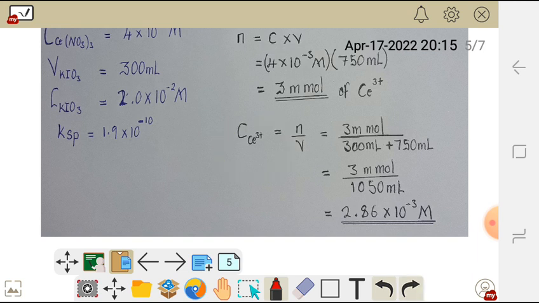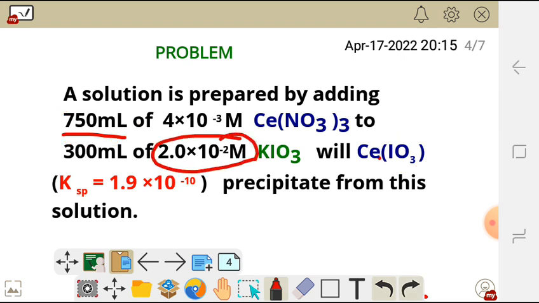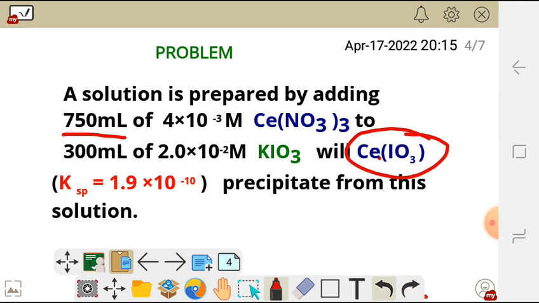So let's find the concentration of iodate. We are going to use the concentration of potassium iodate and the volume of potassium iodate to find the number of moles of iodate, and then use that number of moles to calculate the concentration in the product, as we did for cerium.